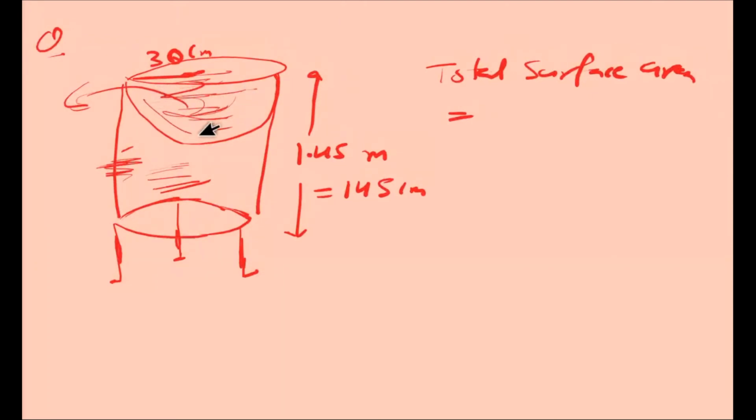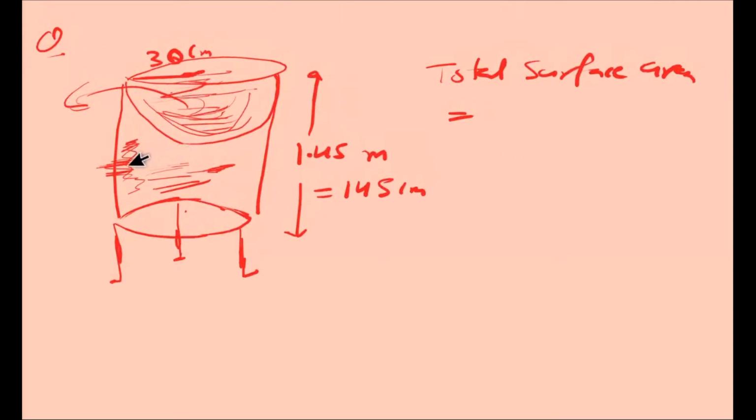This you have to paint, isn't it? And this you have to paint, right? So the radius of this is 30 centimeter, also the radius of the cylinder is 30 centimeter.